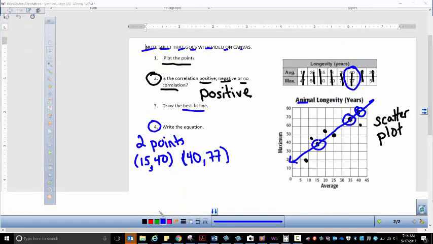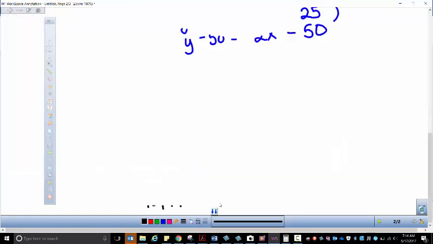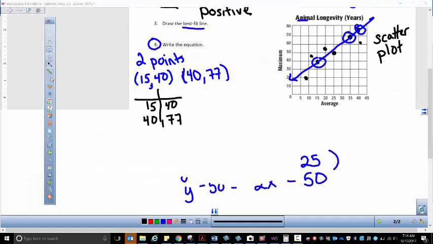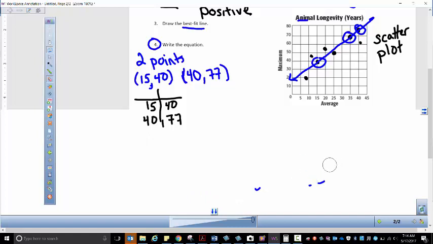All right, so in order to do your equation, you have to get your slope. So we have 15, 40 and 40, 77. I'm making my table. My goodness, I'm sorry. I have problems scrolling today, I guess. Okay, so on my table, now I have to subtract. So we can get out the calculator.